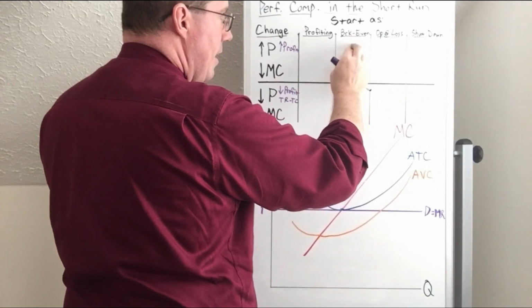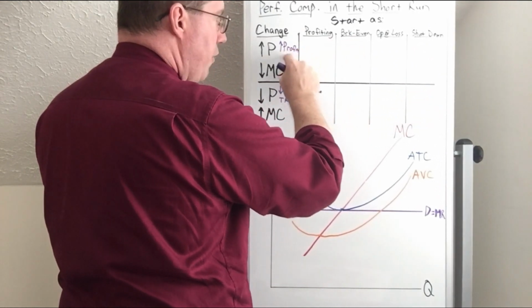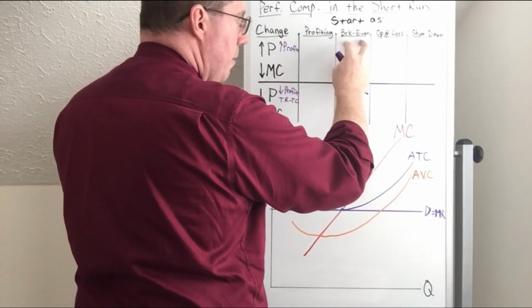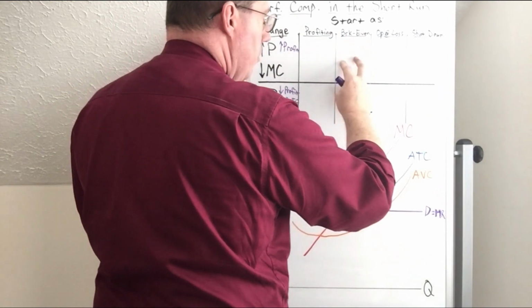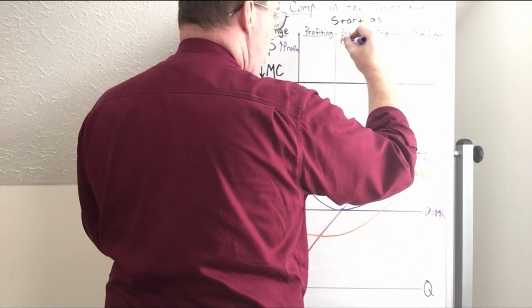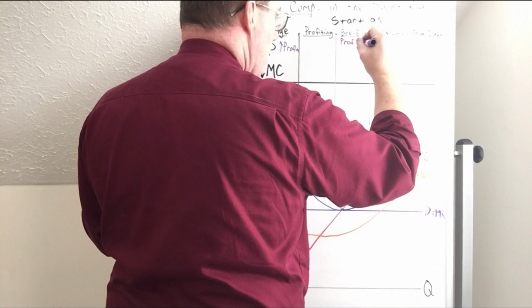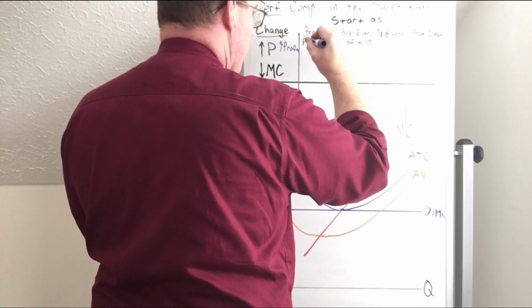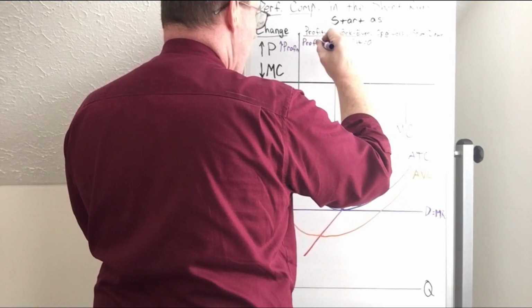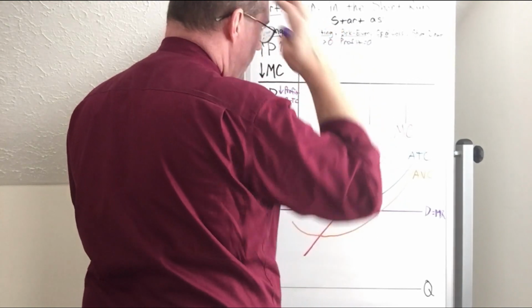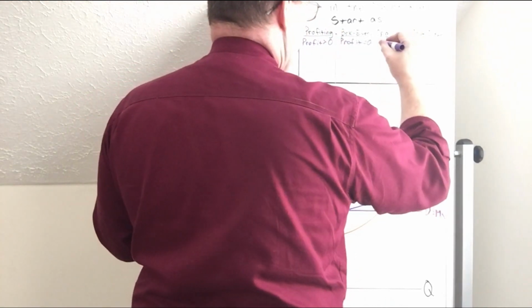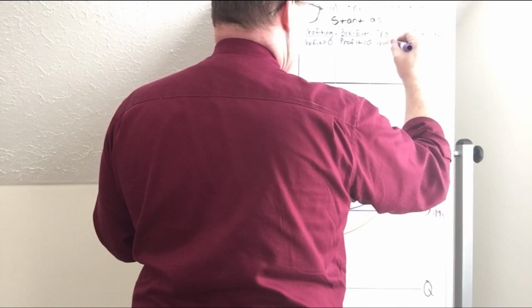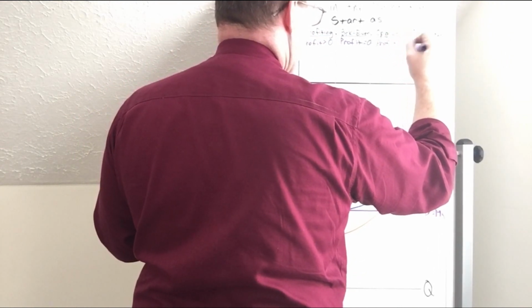So if the firm is breaking even, currently they have a profit of 0. In profiting, profit is greater than 0. And when they're operating at a loss, profit is less than 0.